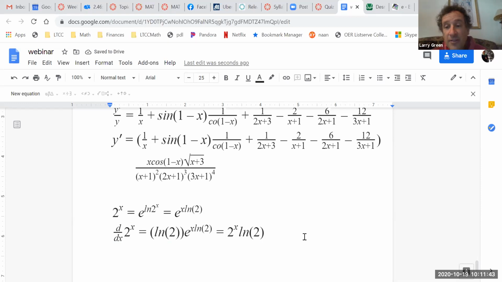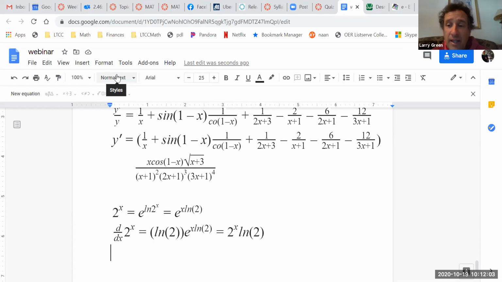Okay, and you could do this for any base, by the way. Nothing special about the number 2. Any questions about that? Okay, I could also do, because this is something you'll see outside of calculus. In calculus, we always do e and ln. You'd never want to do another base.